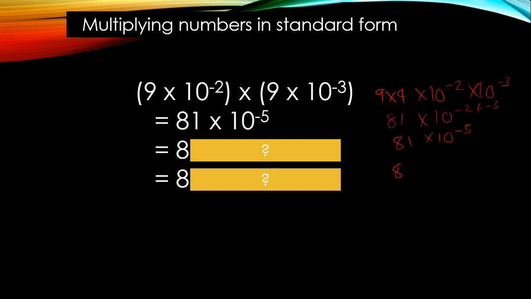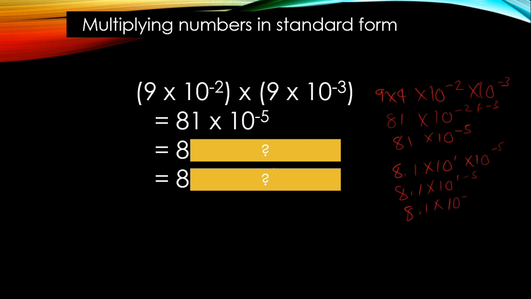Again, this 81 times 10 to the power minus 5 can be written as 8.1 times 10 to the power 1 times 10 to the power minus 5. Now you see why writing this one always is important. Obviously, of course, we can write just times 10, but if you write it and you are doing operations like this, it will help you. This will be 8.1 times 10 to the power 1 minus 5, or plus minus, which will give us minus.